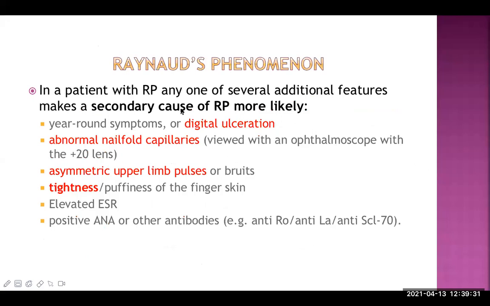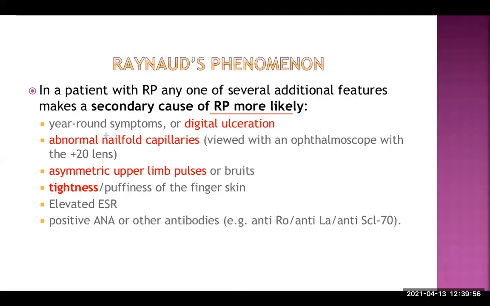Now, in a patient with Raynaud phenomena, any of several additional features makes a secondary cause of Raynaud phenomena more likely. Now, what do you mean by this? If these features are present, there is more chance of connective tissue disorder causing Raynaud phenomena, rather than it being a primary one.